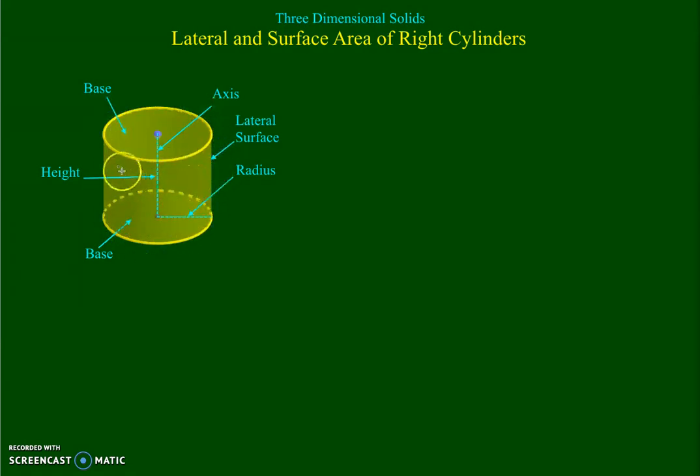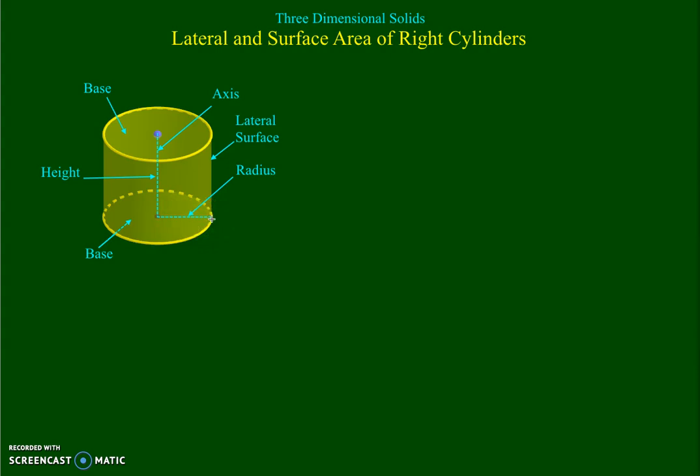This curved surface connecting the bases is the lateral surface. This segment that connects the centers of the two bases is called the axis, and the length of that segment is the height of the cylinder. This segment from the center out to the edge is called the radius.